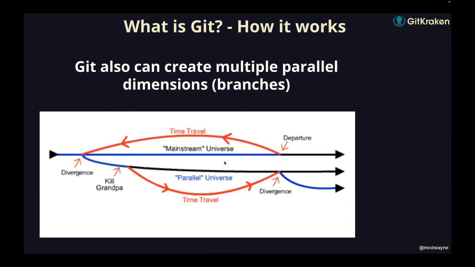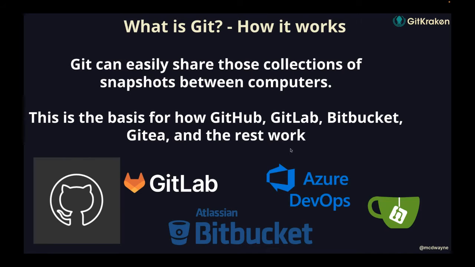Git also has this really awesome superpower of letting us make parallel realities, so we're not limited to just one linear set of commits. We can have feature branches and test branches and QA branches and all sorts of other branches that we can merge and diverge from. Sometimes they don't come back together. It also lets us time travel, but we'll talk about that a little bit later.